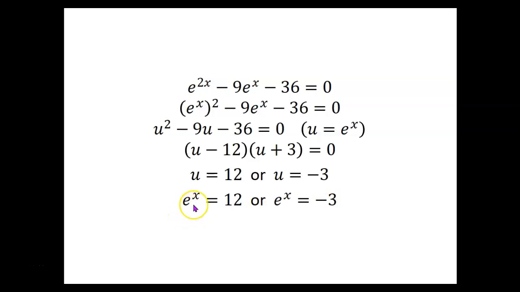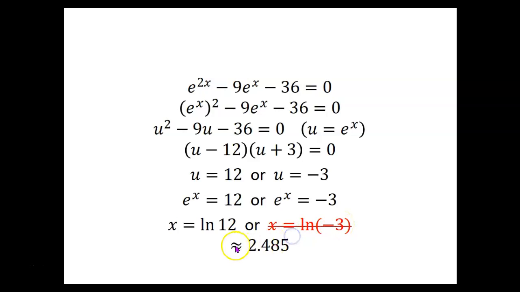And how do we go from e to the x to just x? We've seen that before. You undo the e with ln. Take the natural log of both sides. ln of e to the x is just x, so x equals the ln of 12, or the ln of negative 3. Now the ln of 12 is about 2.485.